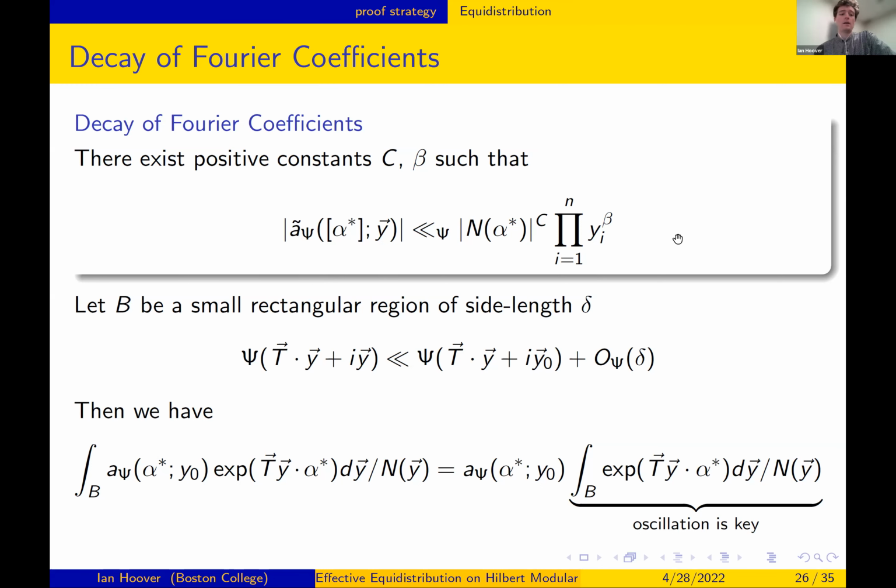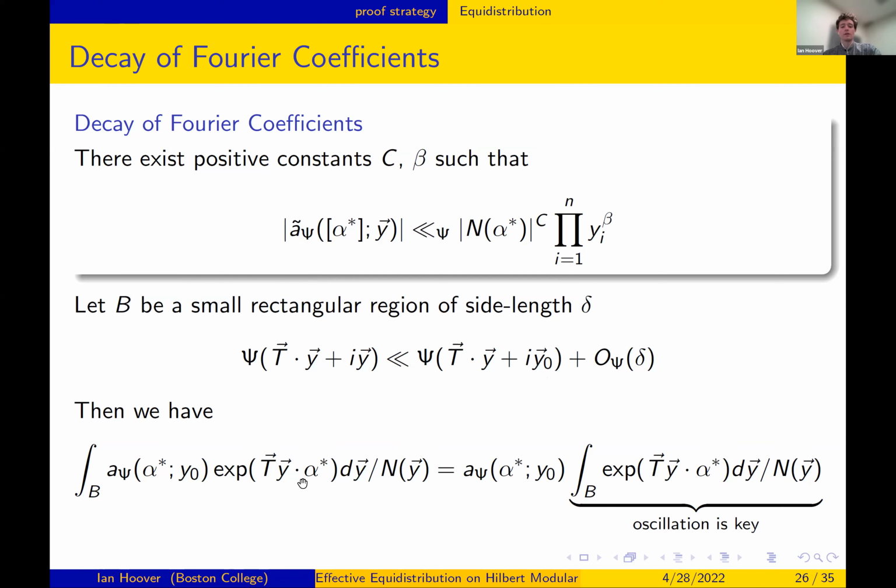And a step of this process is to approximate our sheared space by assuming that the imaginary part is locally constant, and then you get an error term from that assumption.